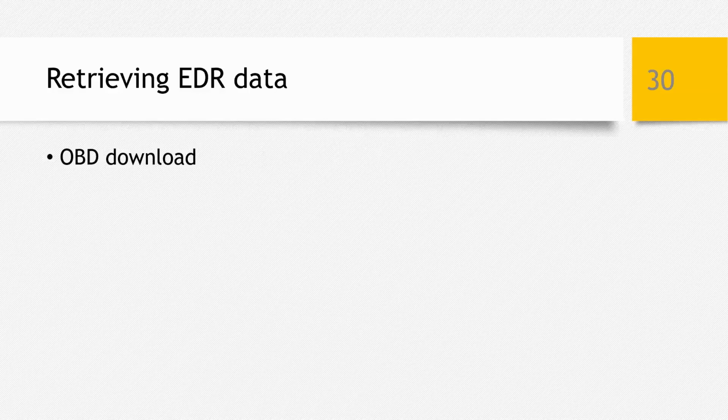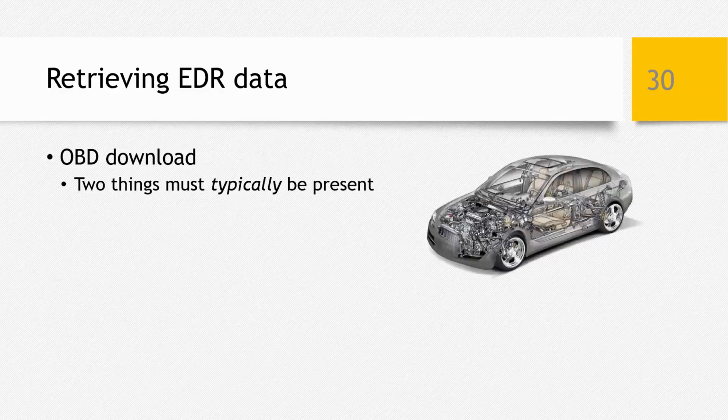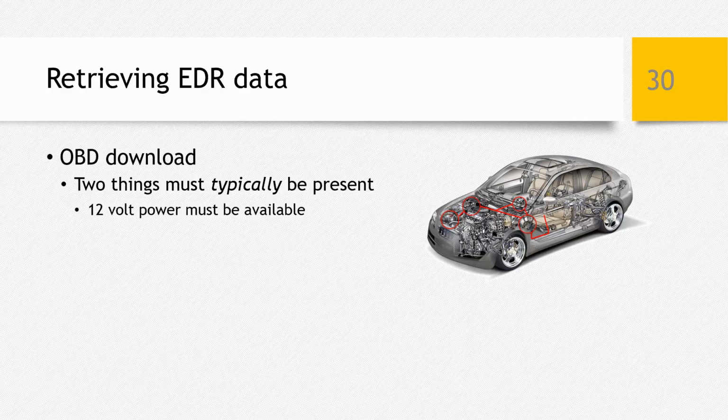And so when we're getting the data from the car, we typically have to have two things present. First of all, we need an intact electrical system. So 12-volt power in the vehicle needs to be available, and there needs to be that intact electrical system. And needless to say, that's not always the case when you're dealing with a wrecked or a severely damaged vehicle.